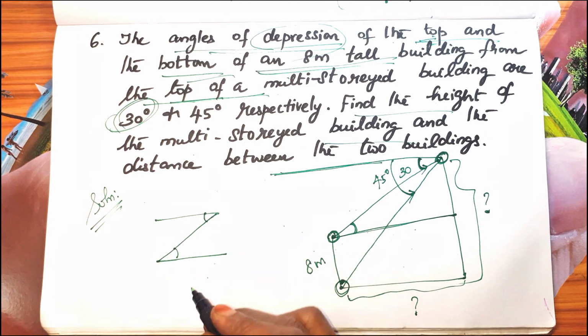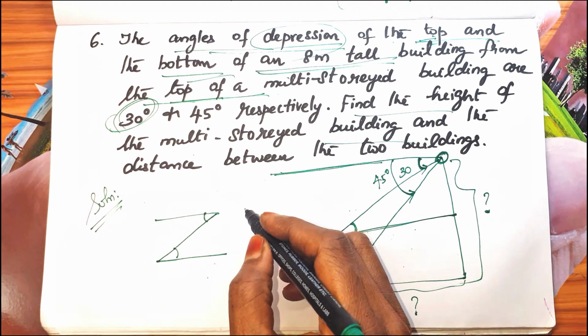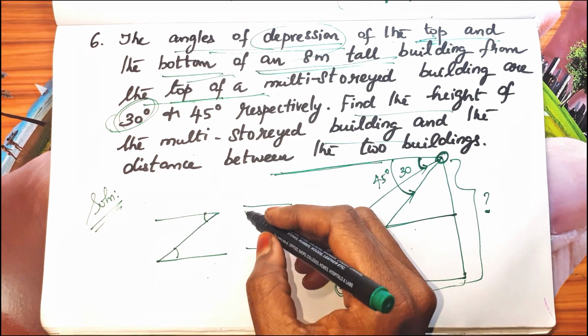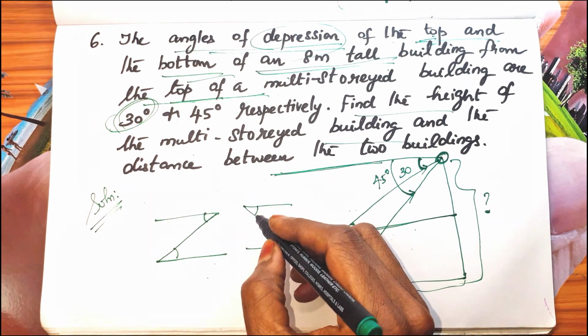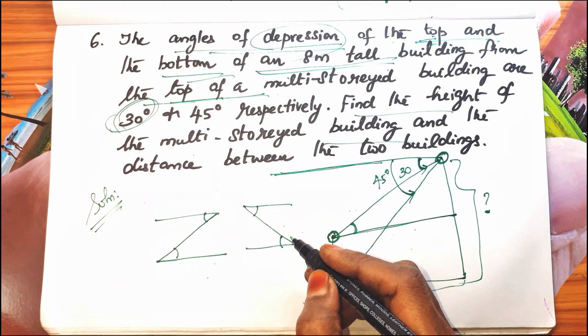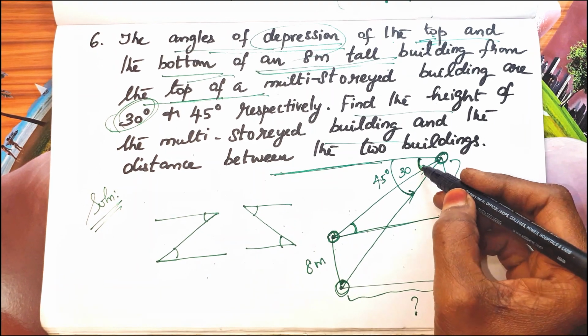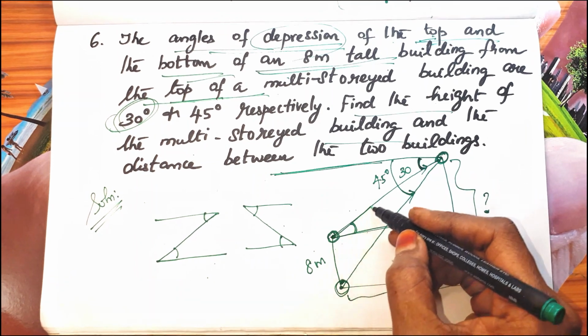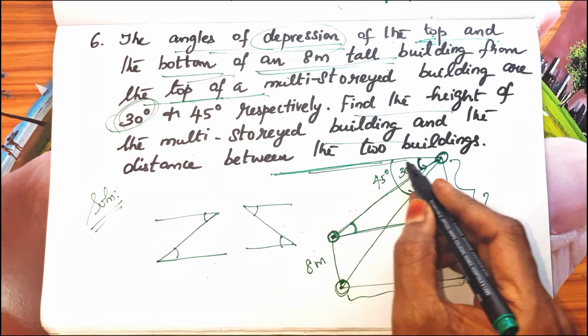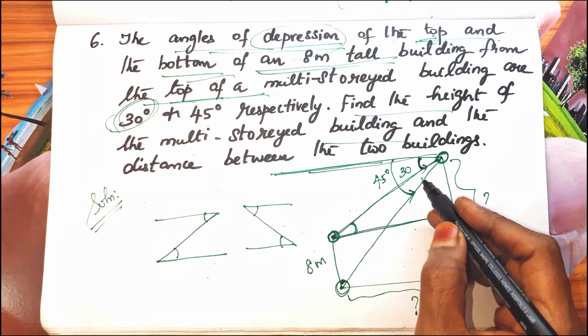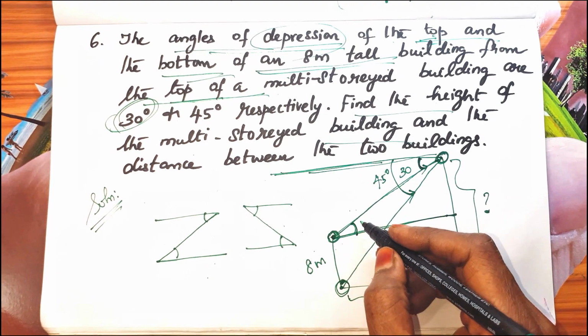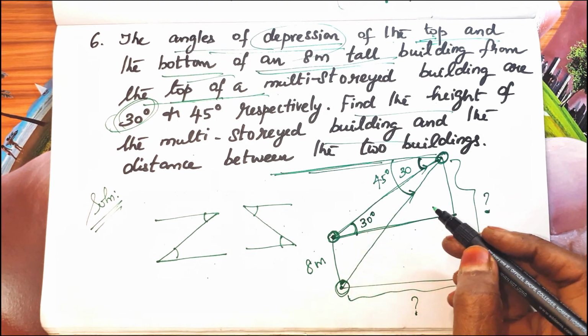These are alternate angles, or else we can draw like this. This angle and this angle are equal. Like that, this is 30, and this is the line in between. This line and this line are parallel lines. Therefore, this angle is also equal to 30 degrees.